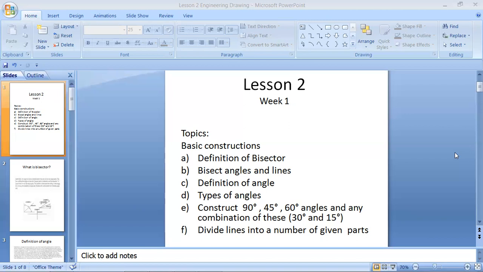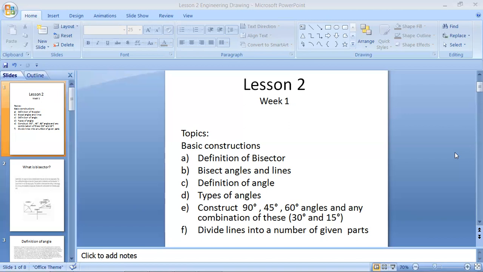for the second topic that should be completed in week number 2, we are required to be familiarized with the basic construction. Within basic construction, we're going to be looking at the definition of bisector, angle, and line, the definition of angle, types of angle, constructing 90-degree, 45-degree, and 60-degree angles, and any combination of 30 and 15-degree angles.